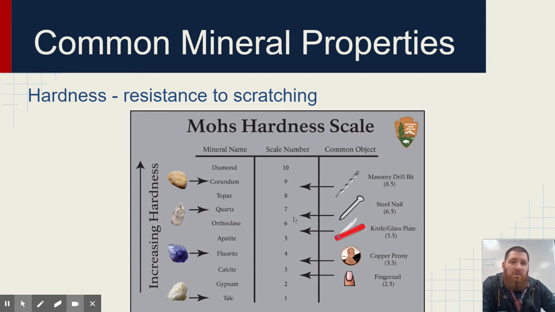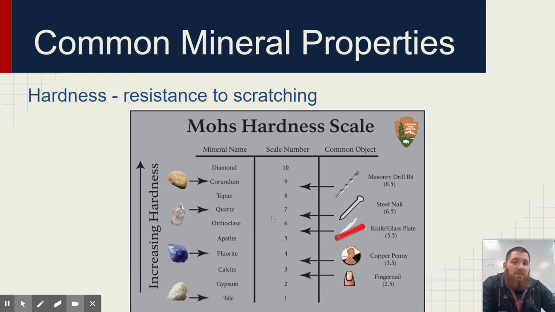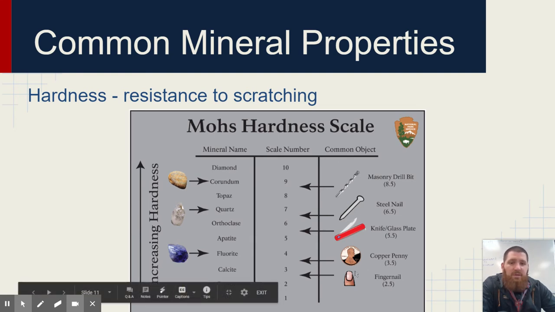So like a steel nail here falls at about a 6.5 on the hardness scale. If the steel nail can scratch something, it's going to be lower on the scale. And if the steel nail can't scratch it, it'll be higher. And all the way down here by 2 and 3, we've got a fingernail at 2.5. Those are generally going to be your softer minerals right there.